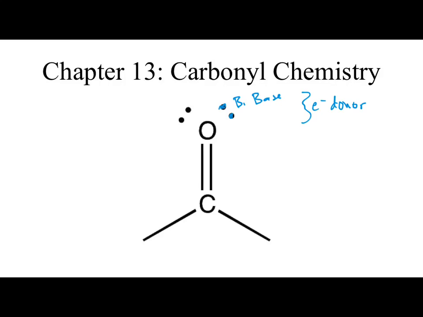What else? If we've got lone pairs, what other species are electron donors? What's that? We've got nucleophiles. And if you're writing these, I'm about to cross it out, just so you know. And the last one, also a Lewis base.